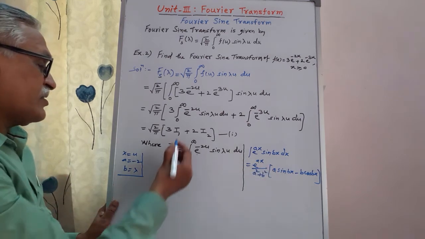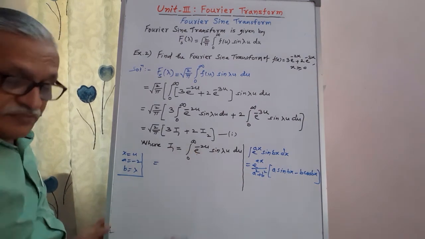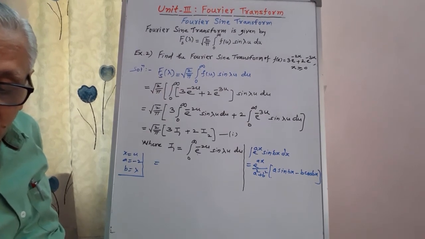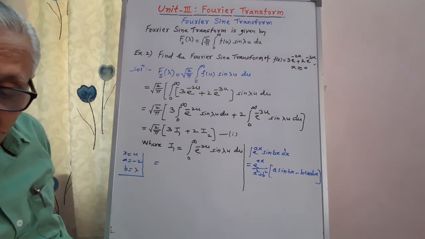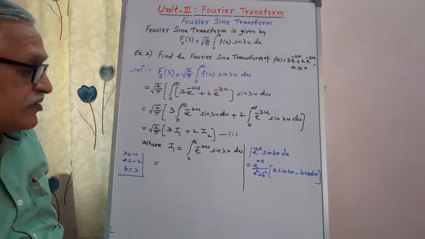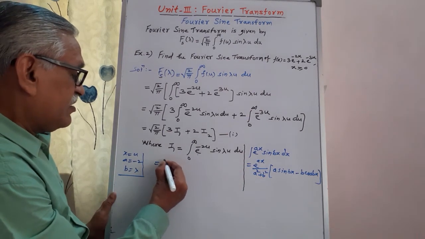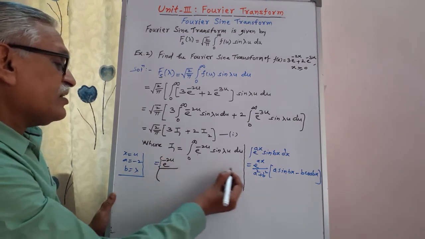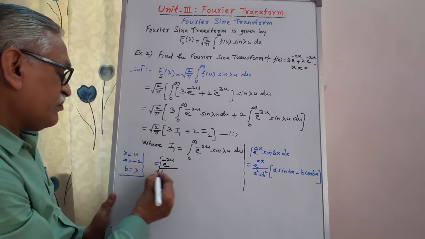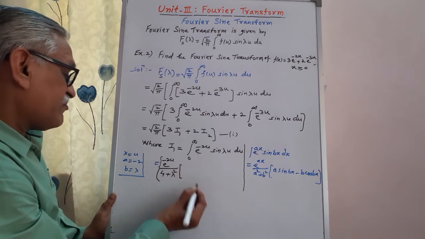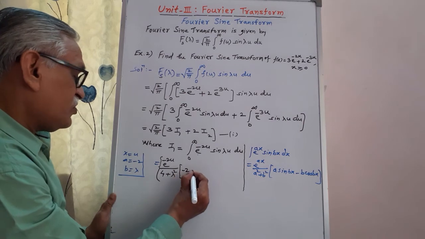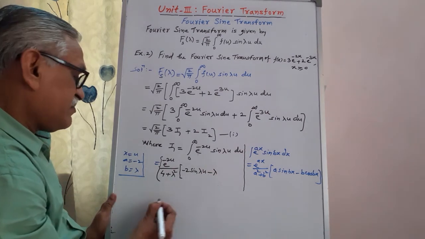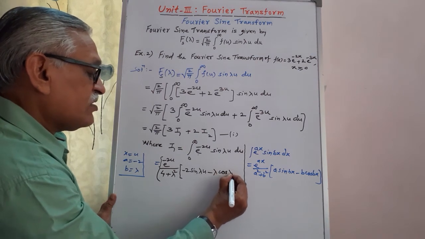Substituting these values, we get I1 as e raised to minus 2u divided by a square plus b square, that is 4 plus lambda square, into a sin bx, minus 2 sin of lambda u, minus b cos of bx, lambda cos of lambda u.